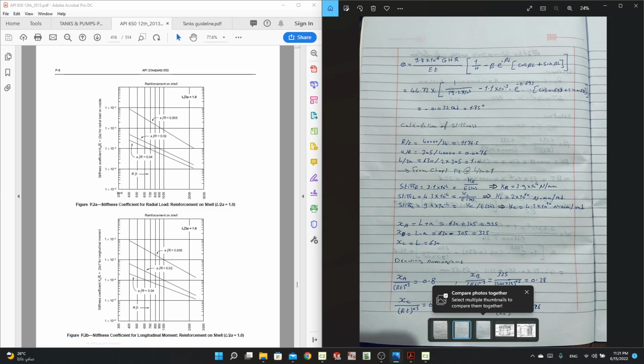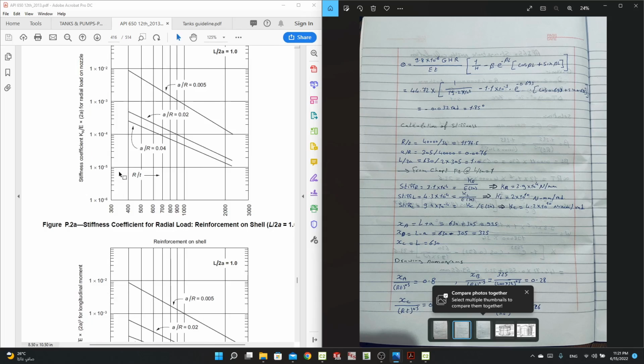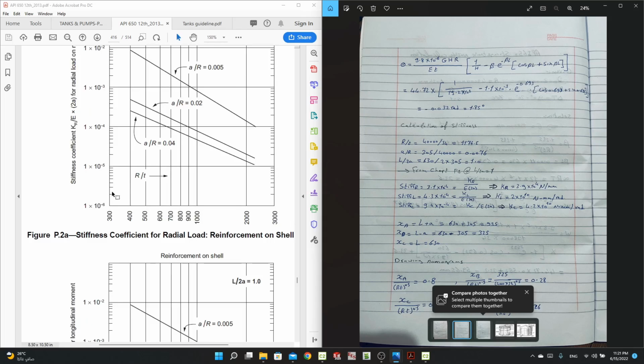Take care of a point. This chart is coming from downward to upward, which means all this is times 10. All of these numbers, 1, 2, 3, 4, 5, 6, 7, 8, and 9, are times 10 to the negative 6. This is times 10 to the negative 5. This is times 10 to the negative 4.